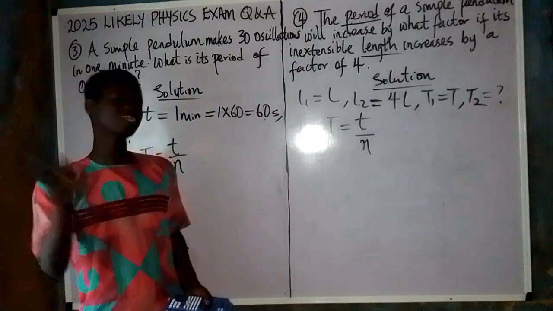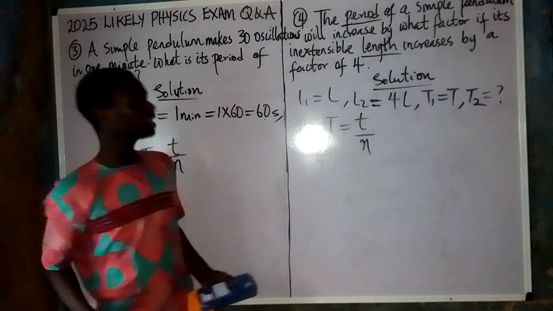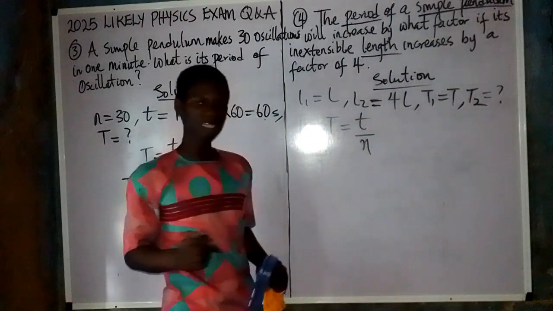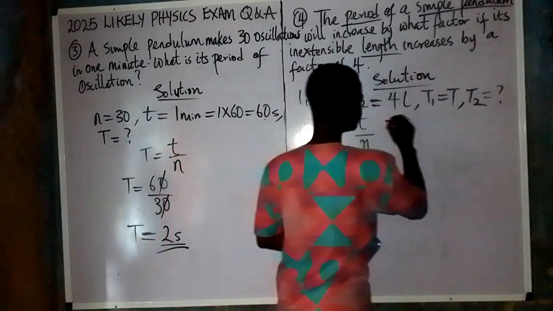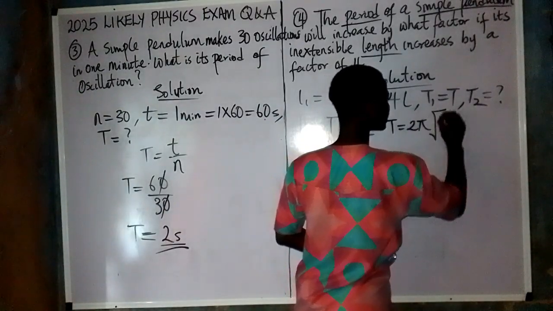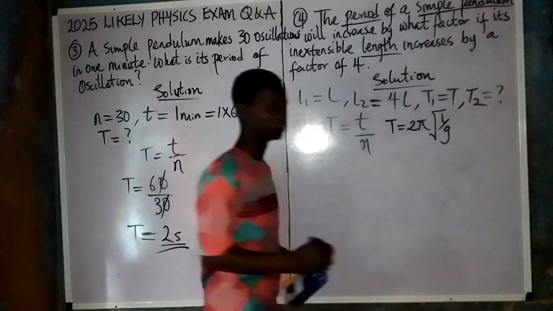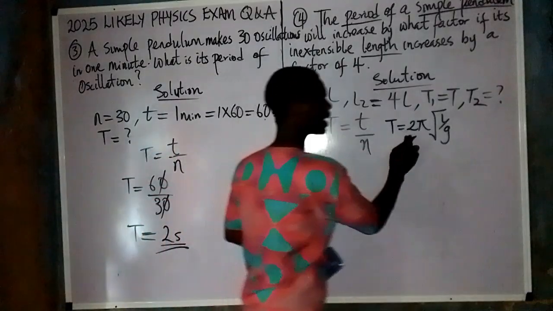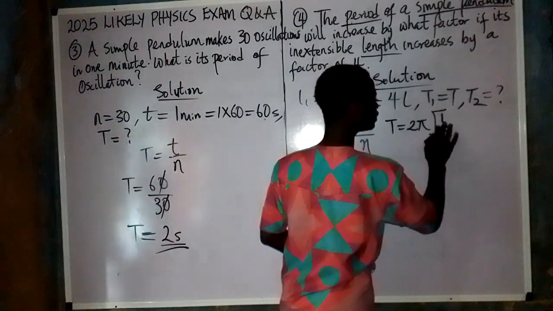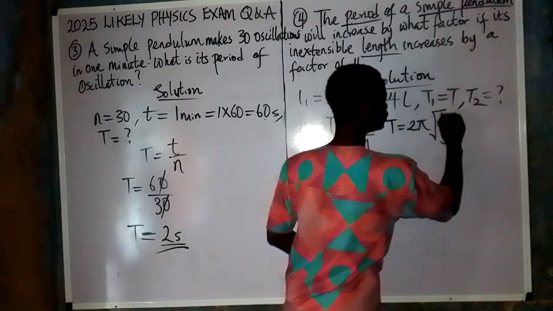Now mind you, there's another formula for period under simple pendulum. And what is that formula? T is equal to 2 pi root L over g. 2 pi root the length of the simple pendulum, everything over g, which is gravity.